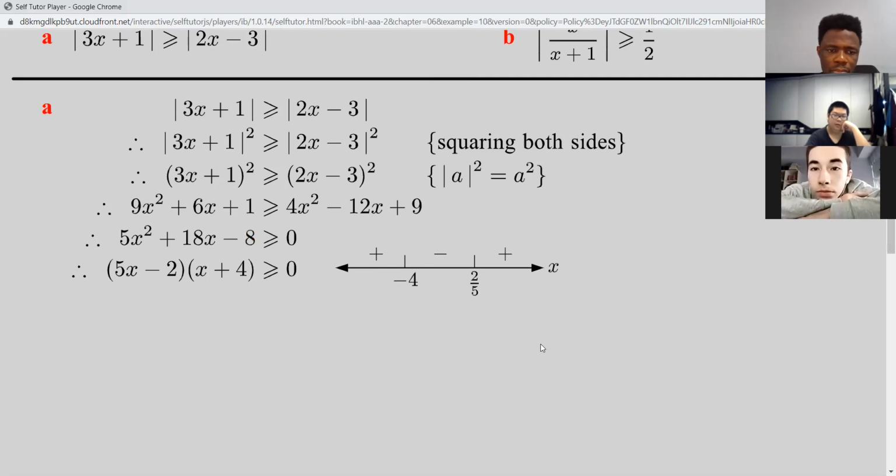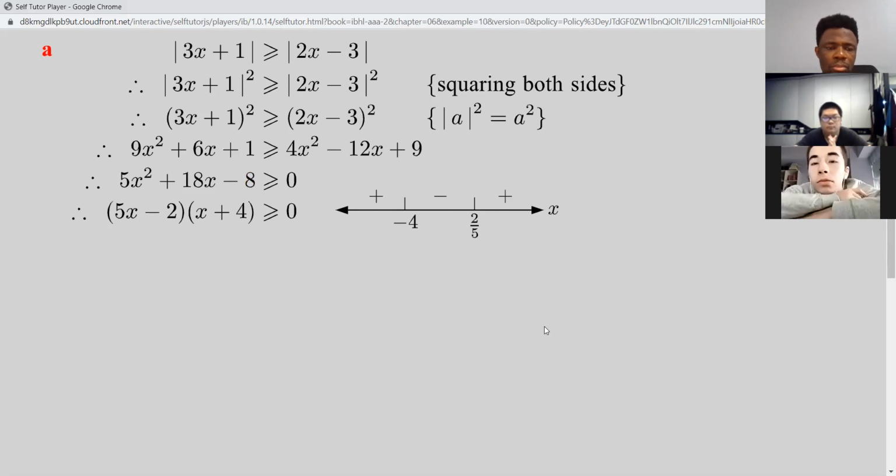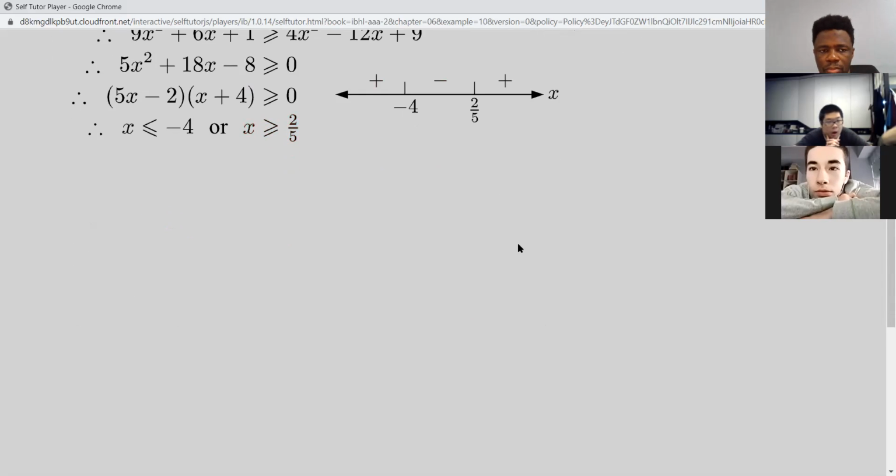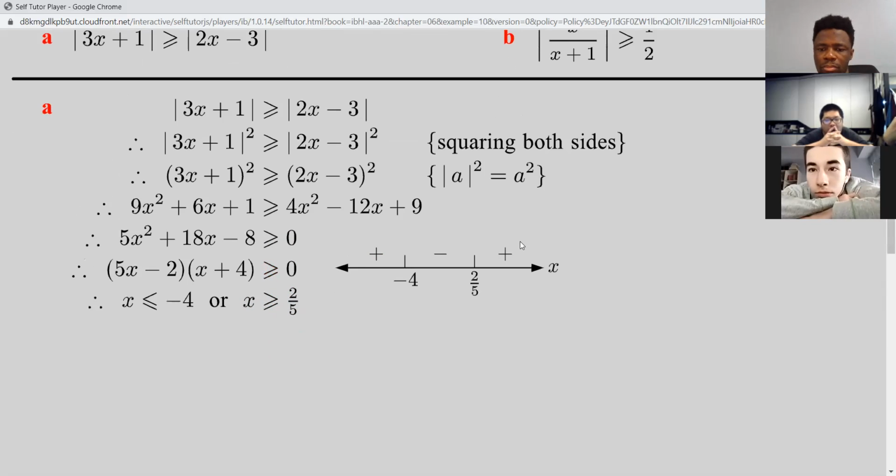The coefficient of x squared is positive, so the signs must read positive, negative, positive. So the quadratic is greater than or equal to 0 when x is less than or equal to -4, and when x is greater than or equal to 2/5.